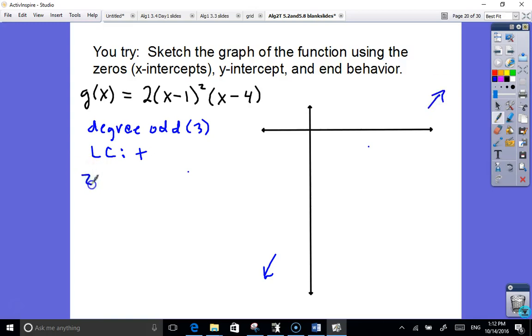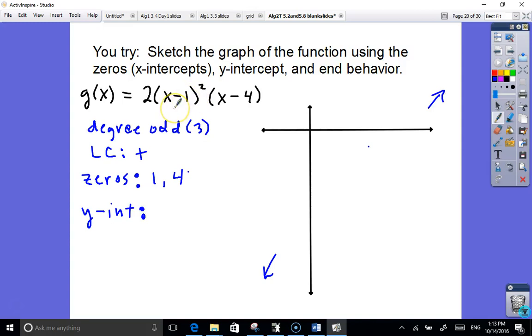What are the zeros? 1 and 4. And what is the y-intercept? Anybody? -8.